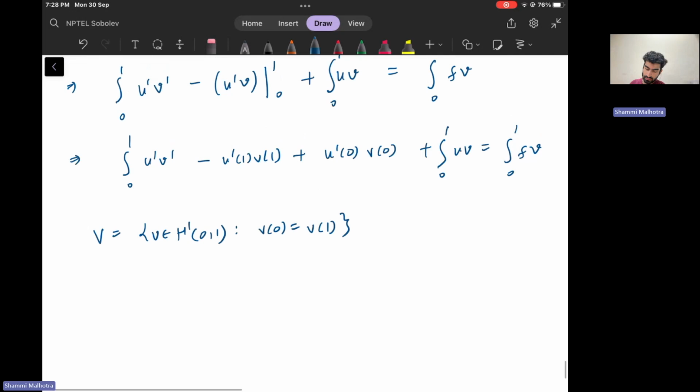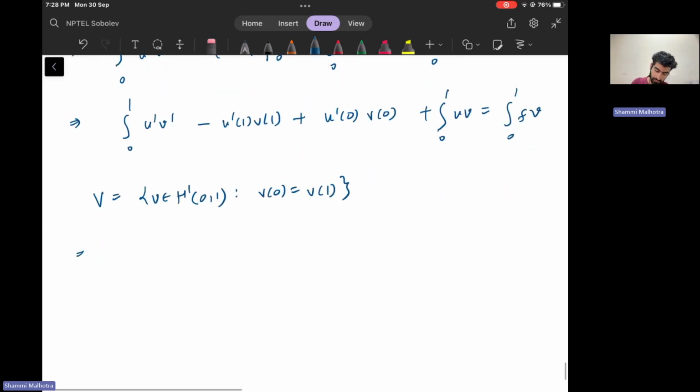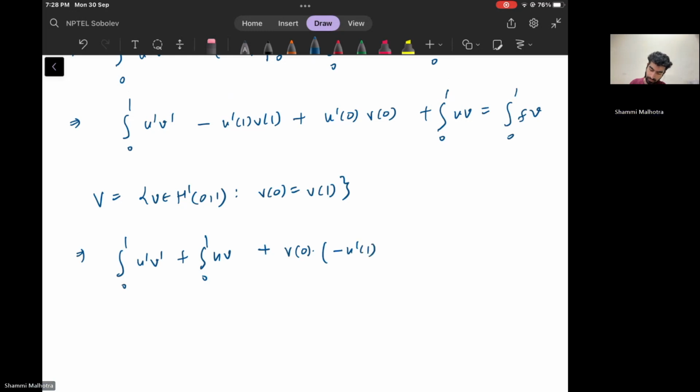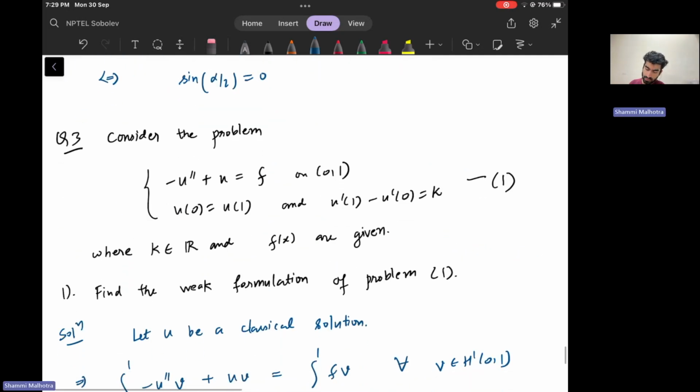And then once that is there, we have integral 0 to 1 of u dash v dash plus integral 0 to 1 of uv plus, since v1 and v0 are equal, v0 times minus u dash 1 plus u dash 0, equal to integral 0 to 1 of fv. The next thing we want is u dash 1 minus u dash 0 equal to k.